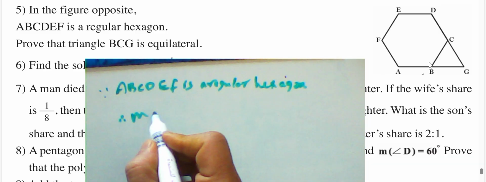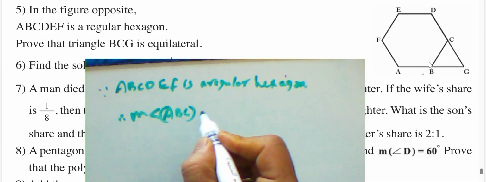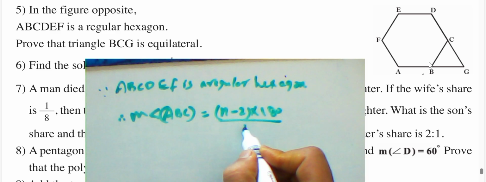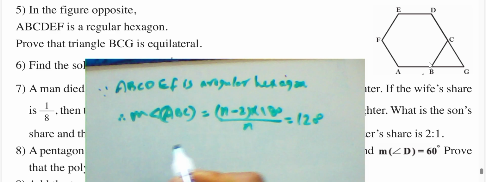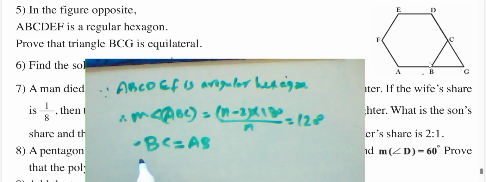Then we can write the measure of angle ABC equals (n minus 2) times 180 divided by n, which equals 120 degrees. And also BC equals AB. Okay, we have two sides that are equal.